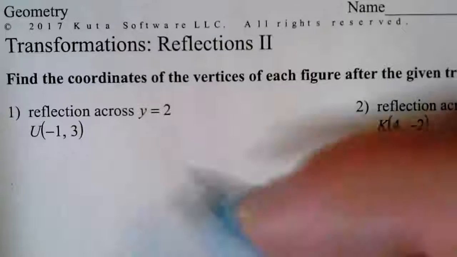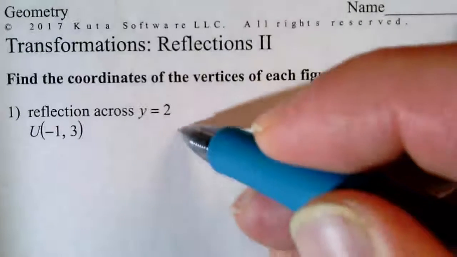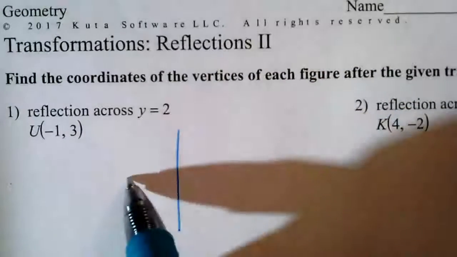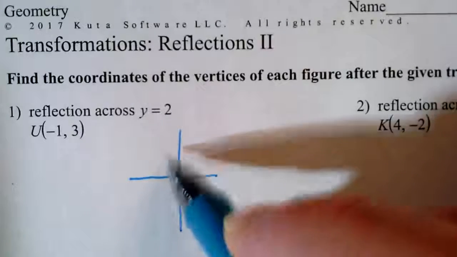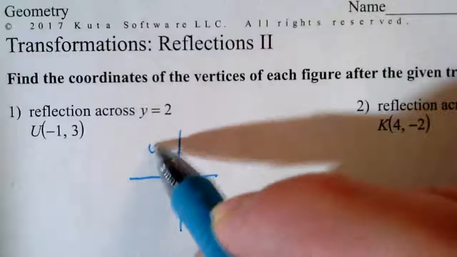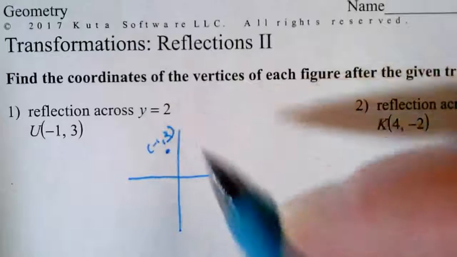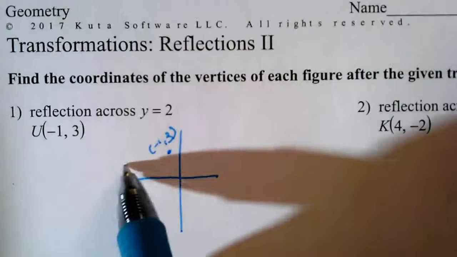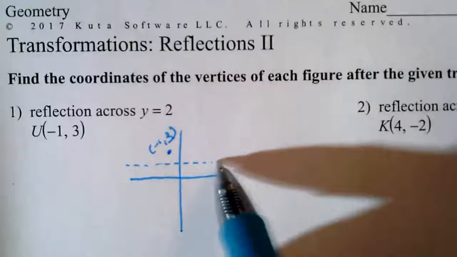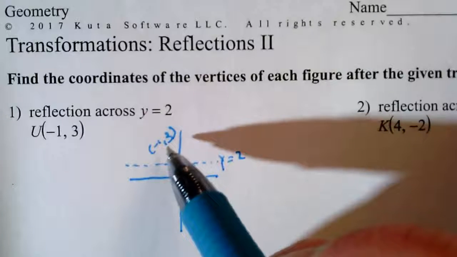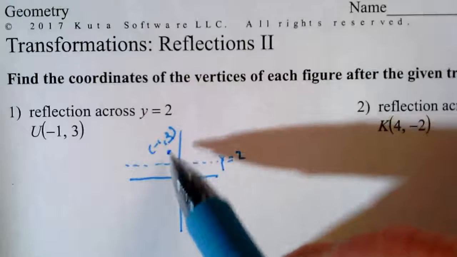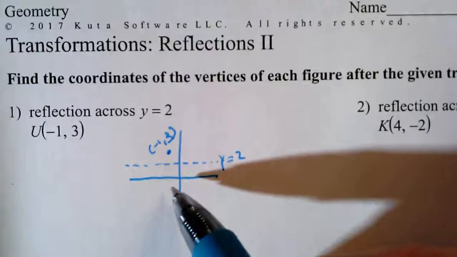I think it helps to draw a little picture here. Okay, so here's our coordinate plane. Here's our point, (-1, 3), and here's our line, y equals 2. Let's figure out how far away this point is from this line, because it's going to get reflected down here and its image will be directly below it.